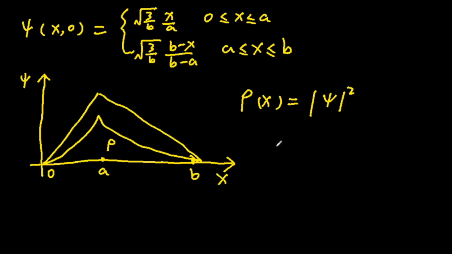Obviously, when x equals a, rho is max. The particle is most likely to be found at x equals a.